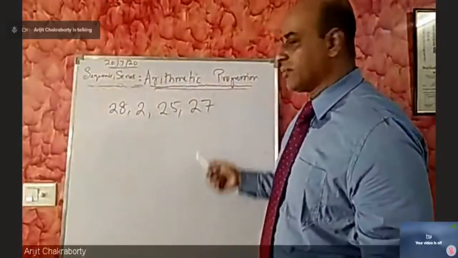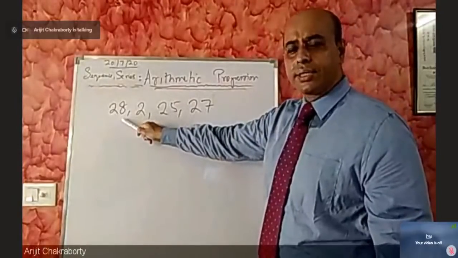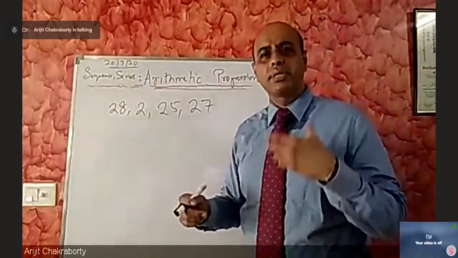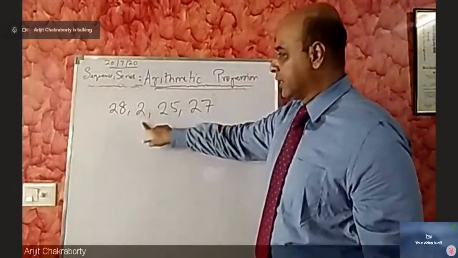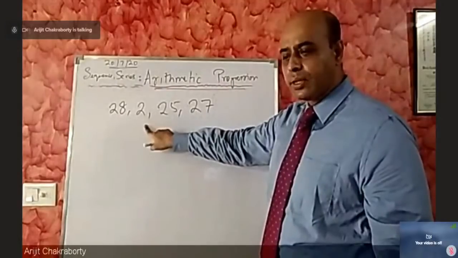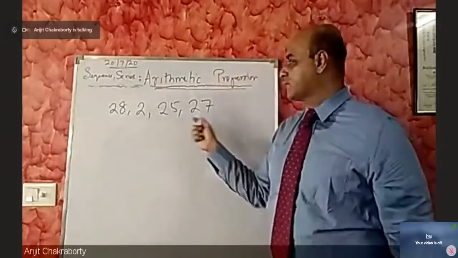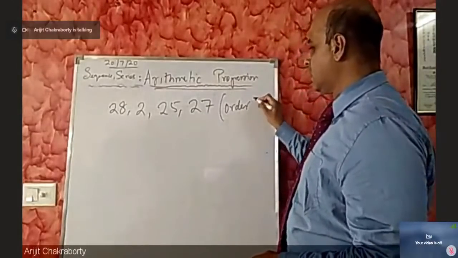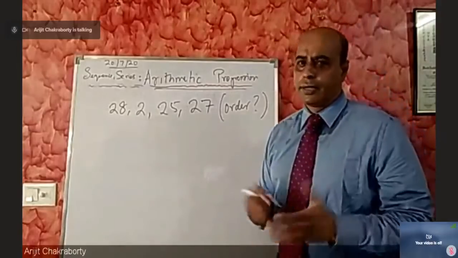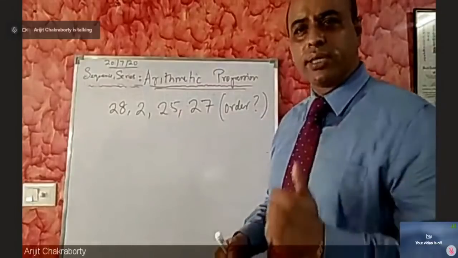It is a collection of numbers, but you can see it does not obey any particular order. 28, then suddenly it comes down to 2, then it increases to 25, a big jump, then again 27. So order is a question mark. It may not have any order. So it cannot be called a sequence.